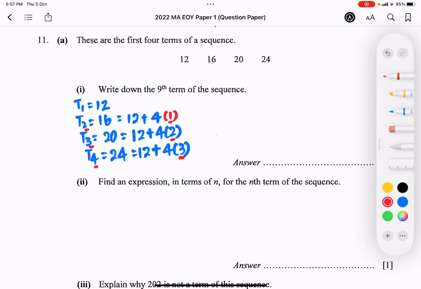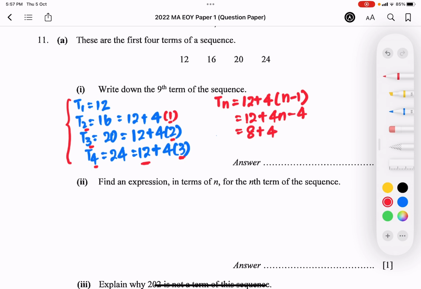Now, based on this, we will be able to form the generalized term, which is Tn equal to 12 plus 4 times n minus 1. Let's simplify. We will get this. And here we go. We have this.